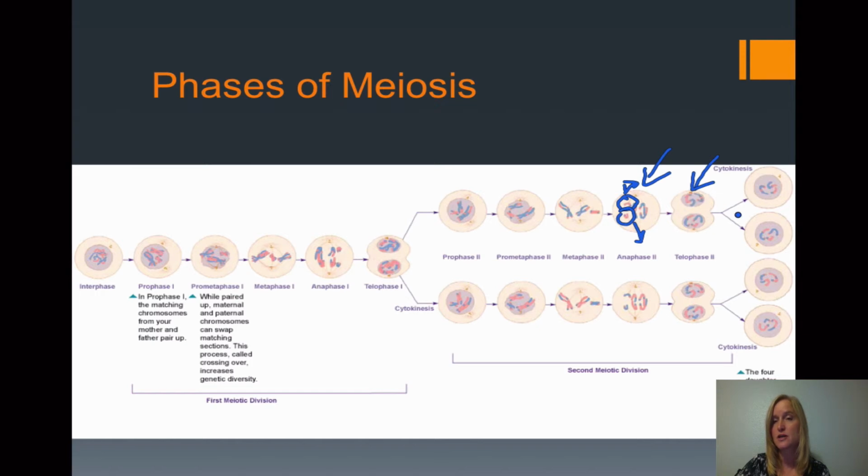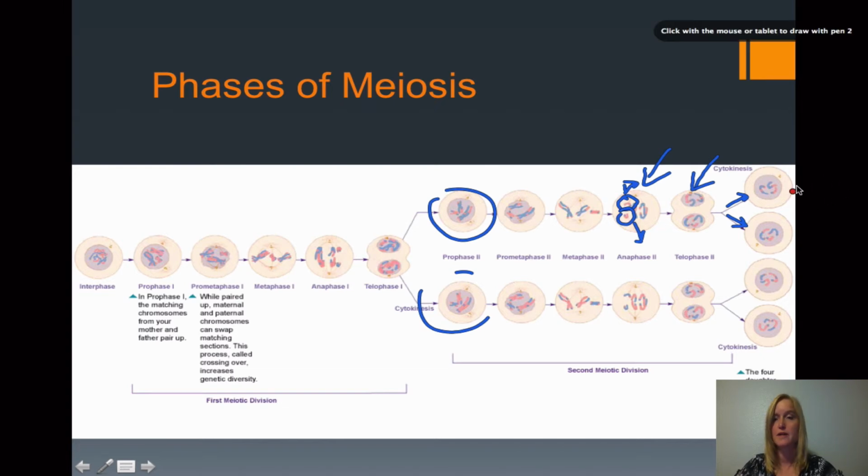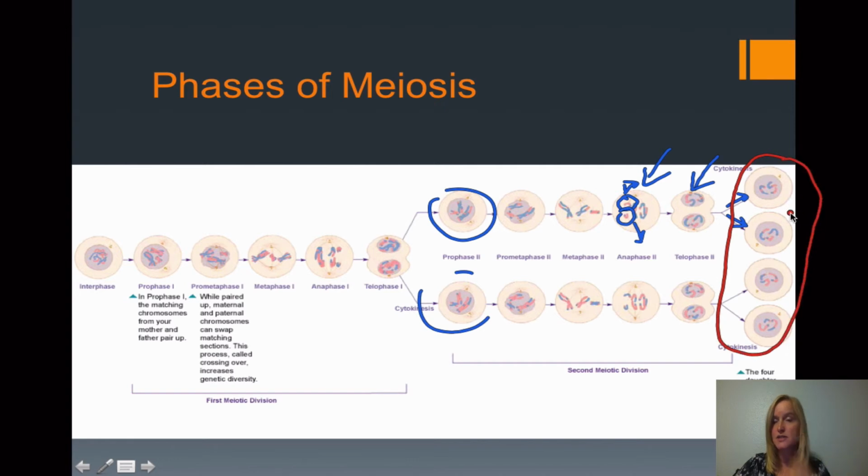The nucleus is starting to reform. It's going to go through cytokinesis, and this is going to make 2 cells here. This cell is also going to make 2 cells, and so what we end up with is 4 daughter cells. And each of those daughter cells has different genetic material in it. So those chromosomes are different.